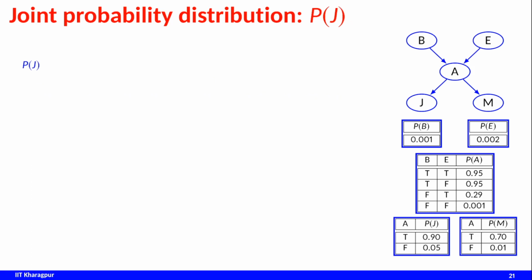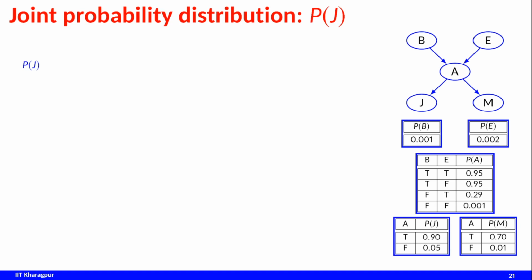Now let us look into, say, I want to determine probability of J. If I want to find out probability of J, then J can happen under the influence of A. So I have to explore probability of J when A happens and when A does not happen.